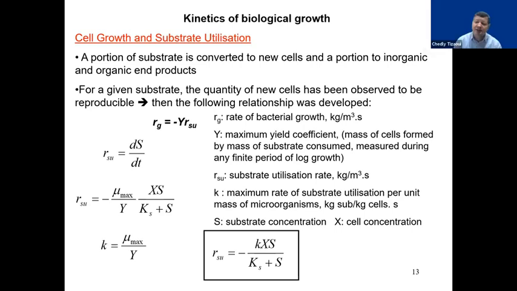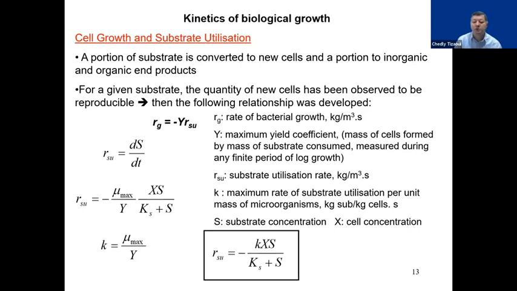Why do we have the minus sign? Because from a reaction point of view, you are utilizing the substrate. That means the concentration of the substrate is reducing over time. So the rate of substrate utilization is obviously negative because you are consuming the substrate.